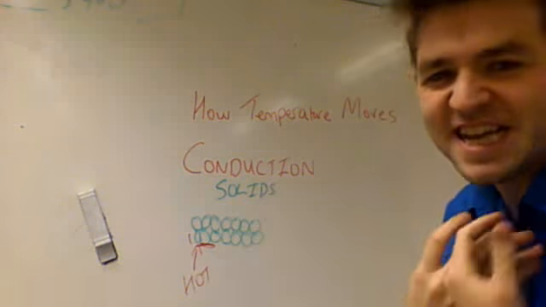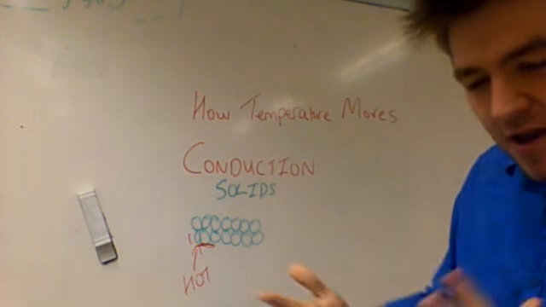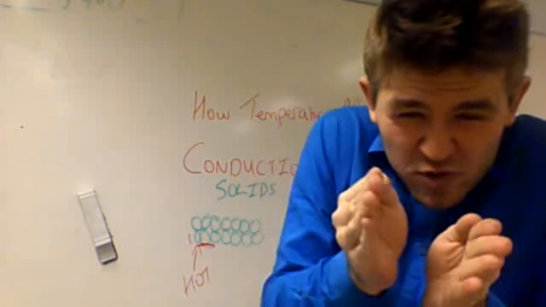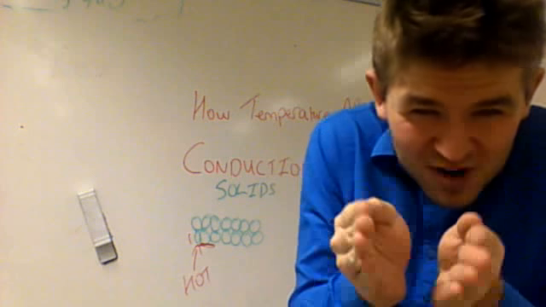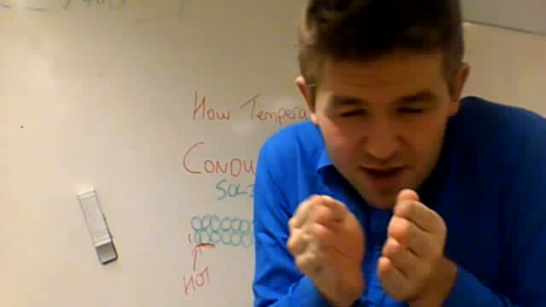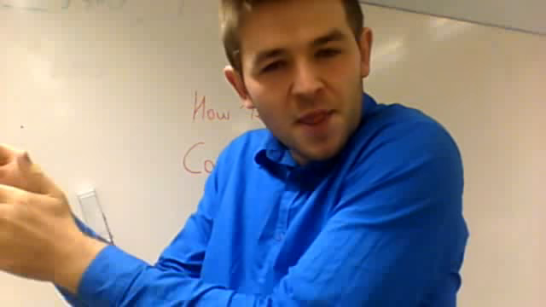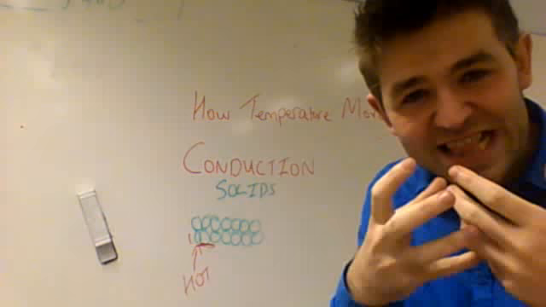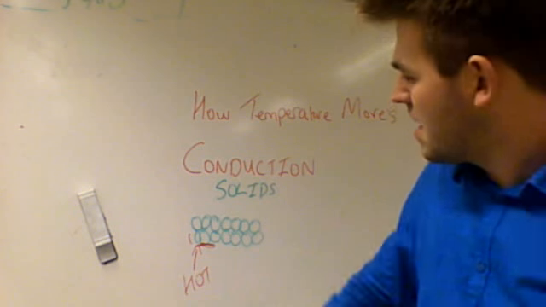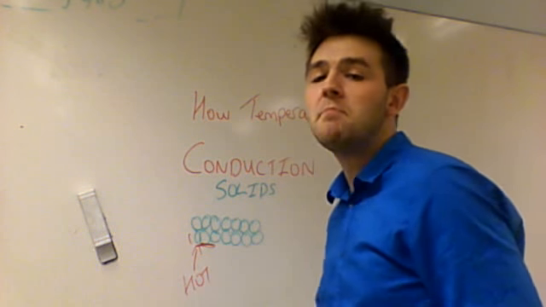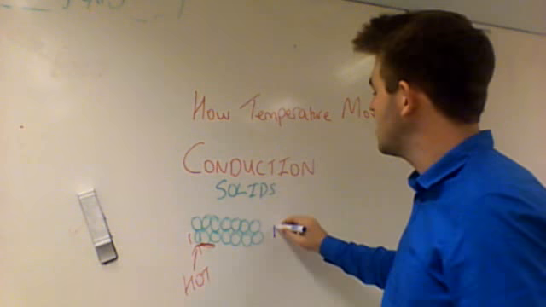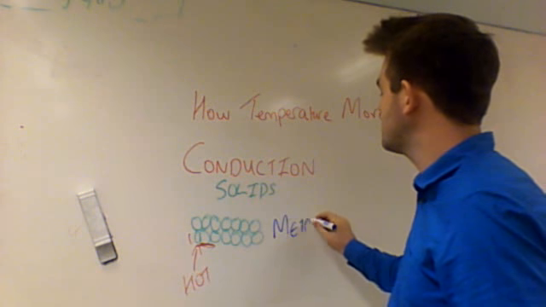That is conduction. In a solid, when they're all squished together, they're all bonded together, as one gets hotter, the energy gets passed down the line. That's conduction. That happens best in metals.